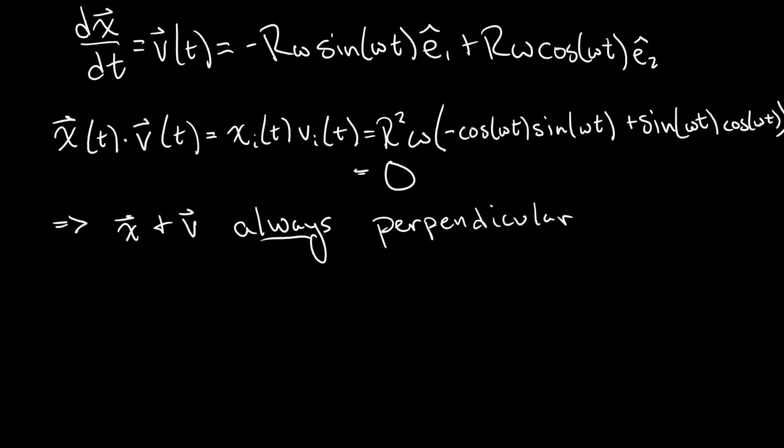So this tells me that since my angular momentum, I'm assuming, is constant, because again I'm assuming that my force is only directed along my position vector, so I'm saying my angular momentum is constant, and this is going to be equal to r cross, or in this case I call my position vector x, cross p, which is just m x cross v.